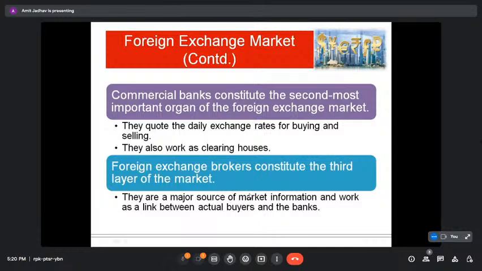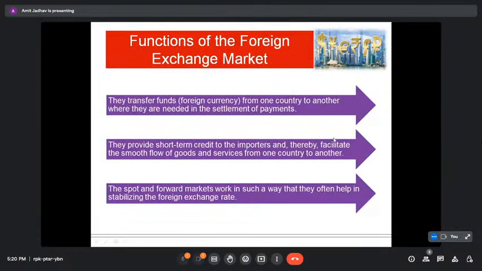Next, we have the functions of the foreign exchange market. What are the functions of the foreign exchange market? There are some basic functions. First, through the foreign exchange market, funds in a foreign currency are transferred from one country to another where they are needed for settlement of payments.